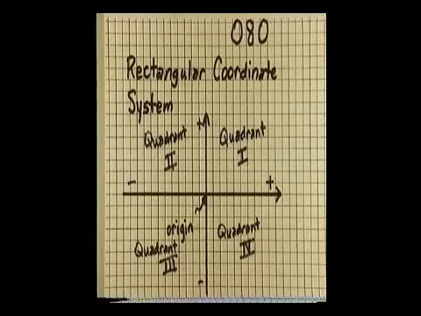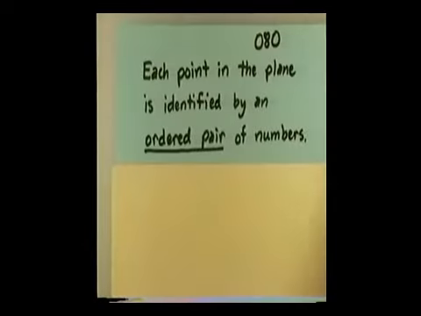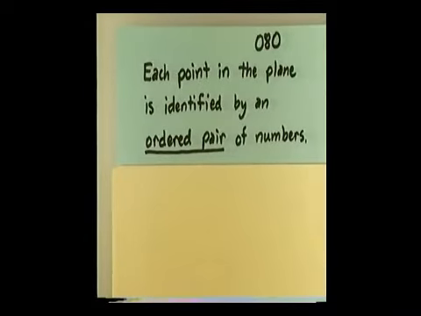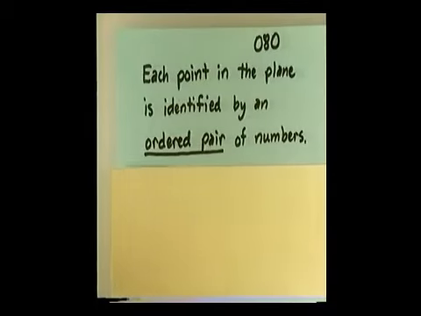In this rectangular coordinate system, we will identify points. Each point in the plane is identified by an ordered pair of numbers. We write the 2 numbers side by side in a pair of parentheses separated by a comma.